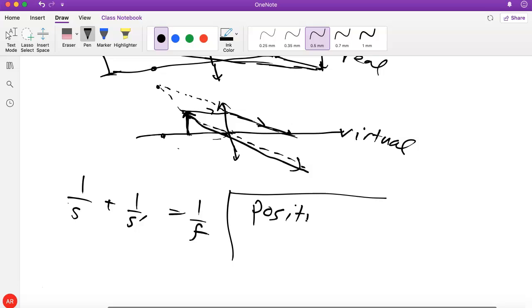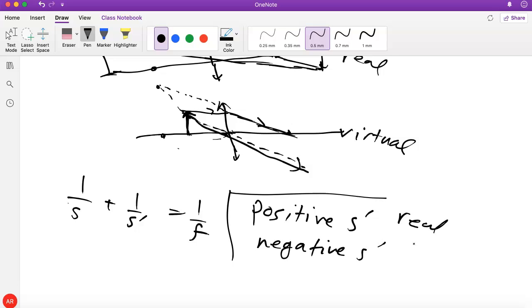So positive s prime is a real image, negative is virtual. This real image forms on the other side. And for the virtual image, the rays diverge, even though it's a converging lens. If you put it too close, they don't converge on the other side. If you trace them back, you can form an image.